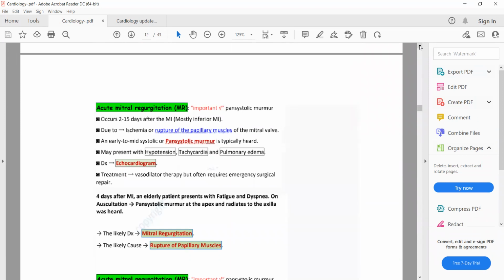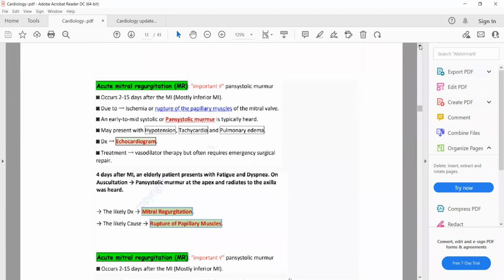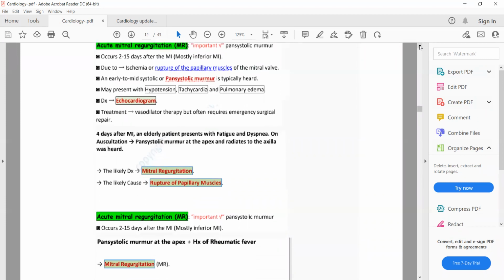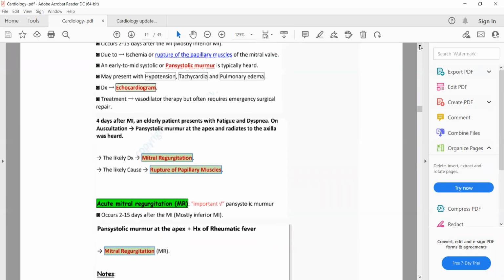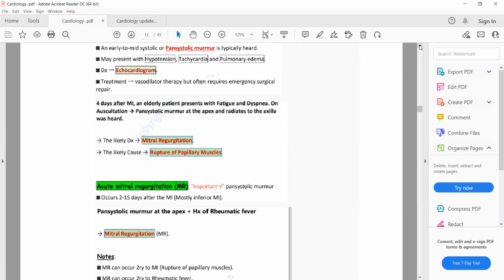The second one is acute mitral regurgitation. The features will be the same. The patient may present with features of acute heart failure. There will be a pansystolic murmur. For example, if 4 days after MI, an elderly patient presents with fatigue and dyspnea, which are features of heart failure, and the patient has a history of MI 4 days back.